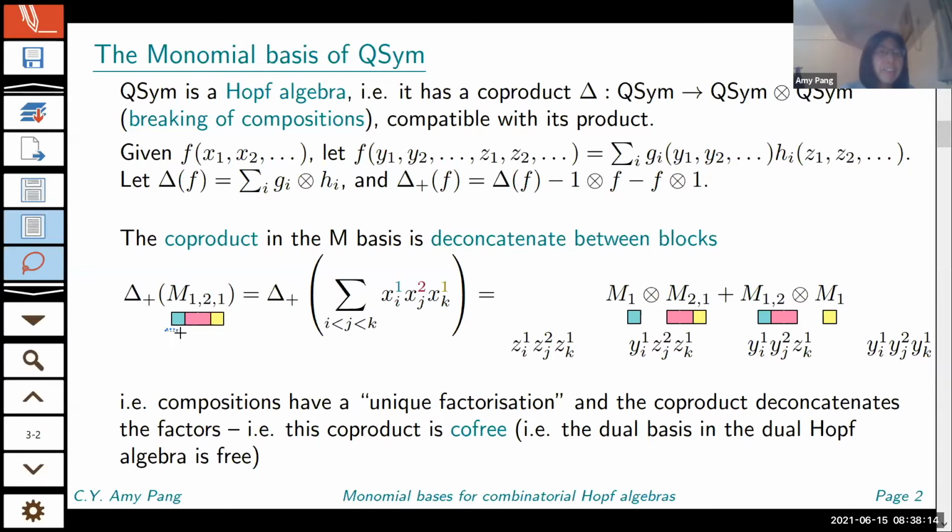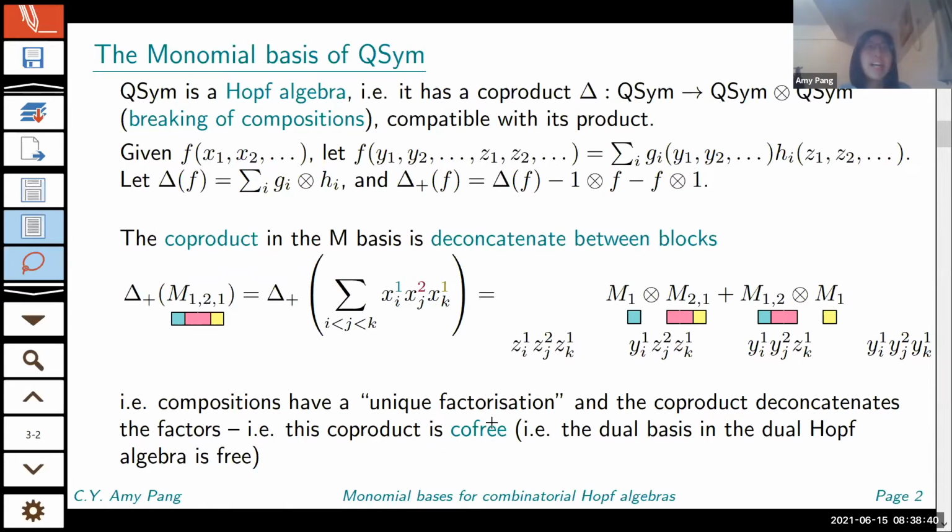You can think of the 3 blocks as being the 3 factors of this composition. Okay, and what the coproduct does is that it's basically deconcatenating between the factors. This is the essential feature of the coproduct of a monomial basis. This is called a co-free coproduct.